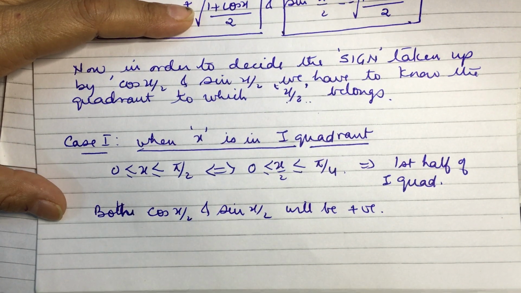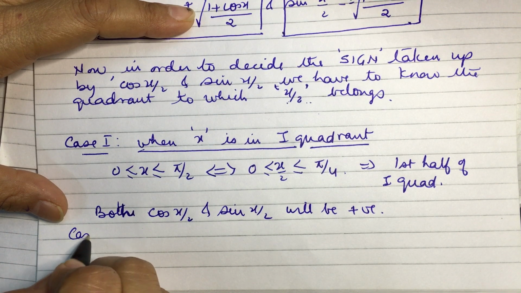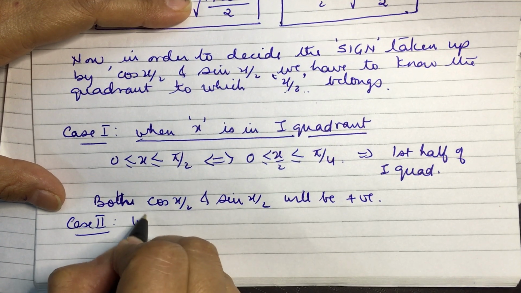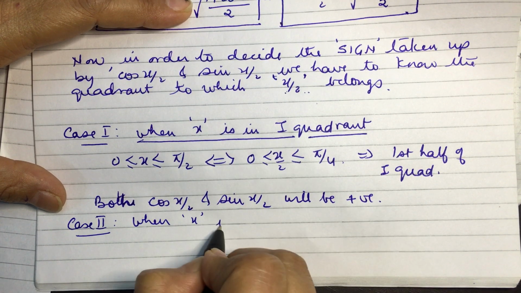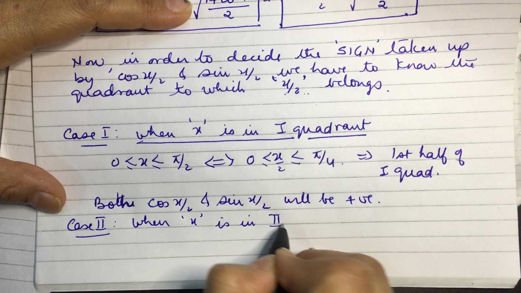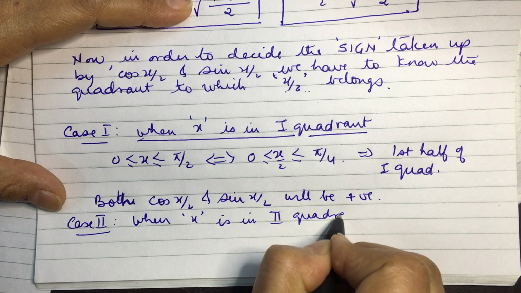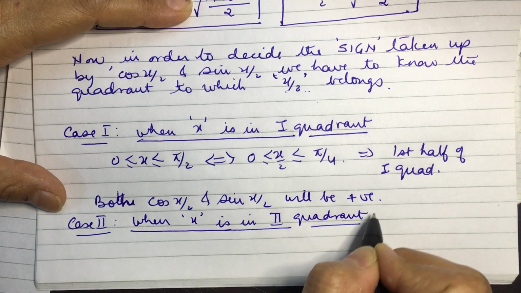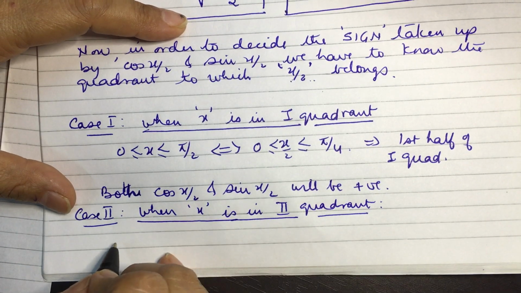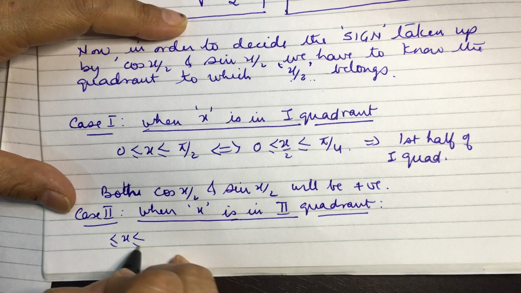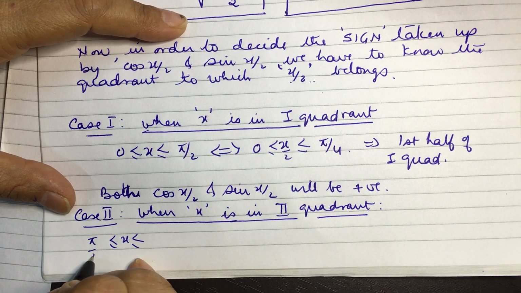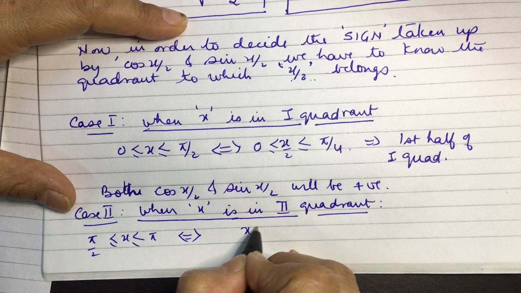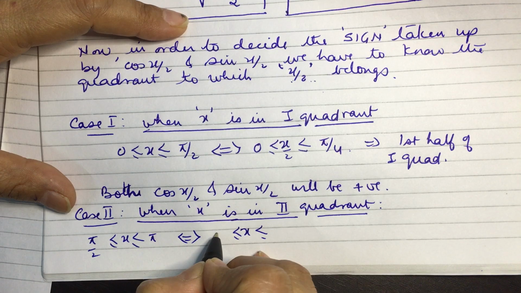Okay. Now the second case is case 2, when x is in second quadrant. Then in that case we have x lies between pi by 2 and pi, which implies that you divide throughout by 2.